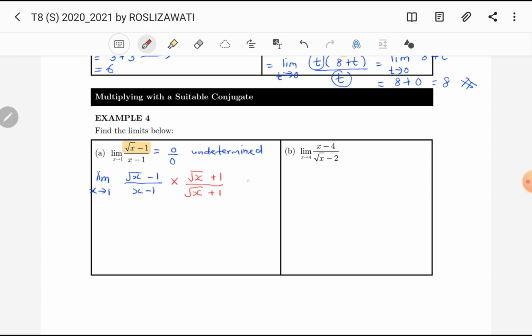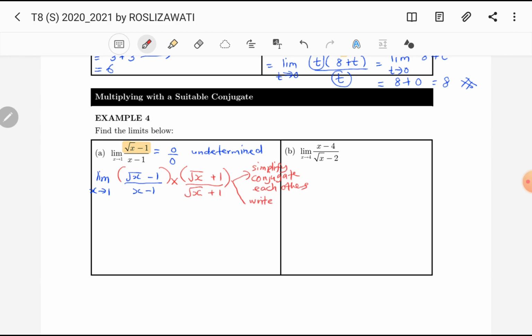And jangan lupa awak kena simplify yang conjugate each other. Yang conjugate each other, for this case, yang atas ni, awak kena simplify. Awak kena darab. Tapi yang lain-lain tu, awak jangan expand.